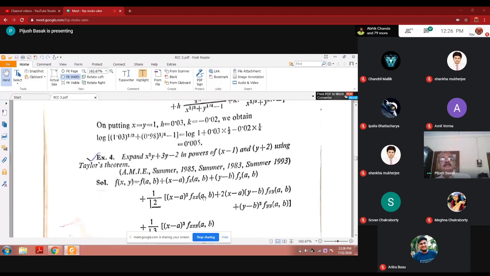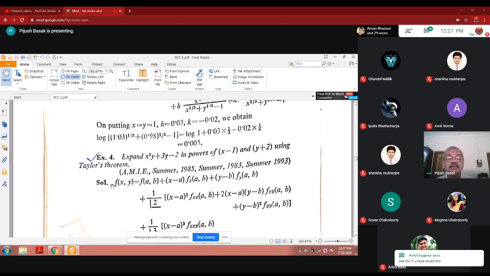Next one. Expand x square y plus 3y minus 2. This is a function in the powers of x minus 1 and y plus 2, that is, in the vicinity of the point 1, minus 2. They have tackled it quite suitably. Actually, the neighborhood of the point, sorry, 1 and minus 2, because x minus 1 and y plus 2 means x is equal to 1, y is equal to minus 2.